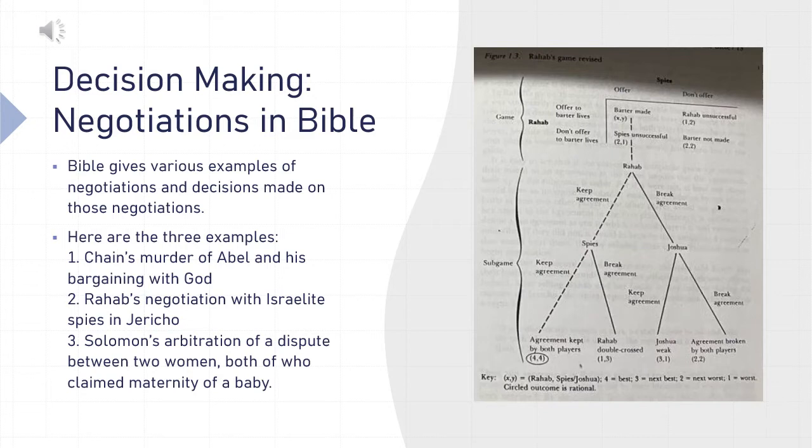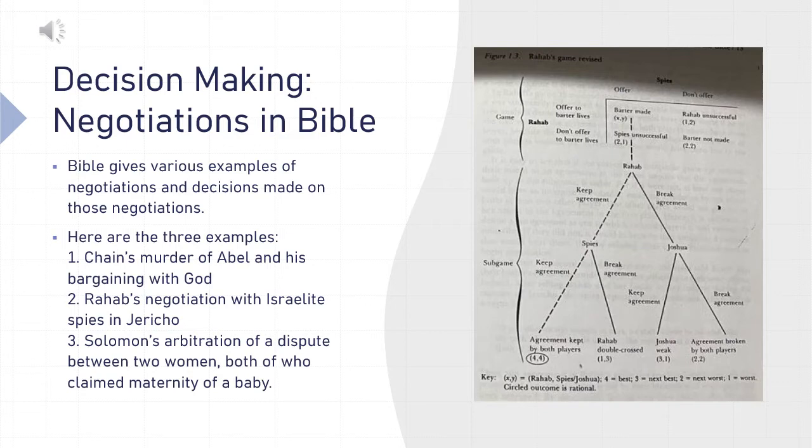The text discusses three examples: the first is Cain's murder of his brother Abel, the second case is Rahab's agreement with the spies to help them, and the third case is where two mothers are fighting for a baby, claiming that the baby is theirs.